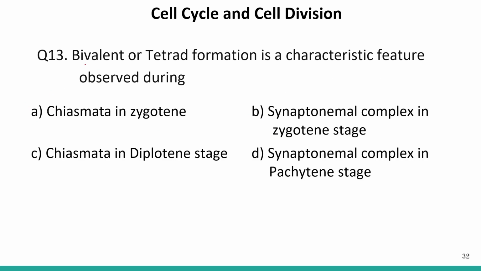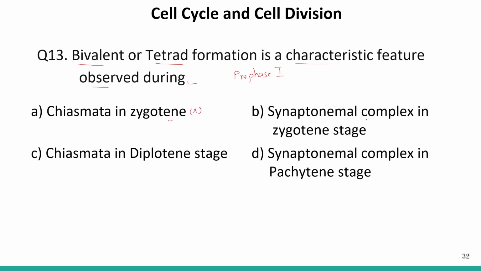Now coming to the next question. Here they are saying bivalent or tetrad formation is a characteristic feature observed during which stage? Here they are again talking about prophase 1 of meiosis. So what should be the answer? Chiasmata in zygotene, this is not true.